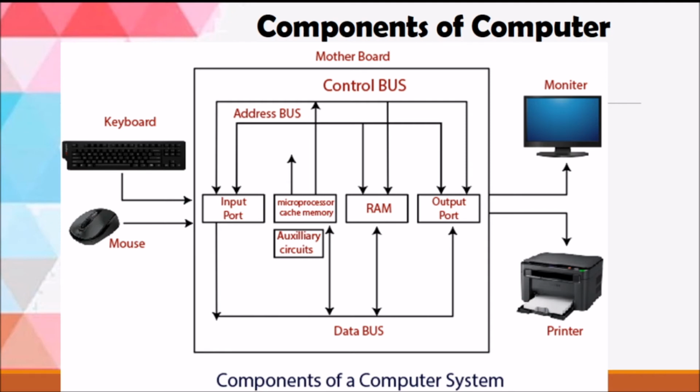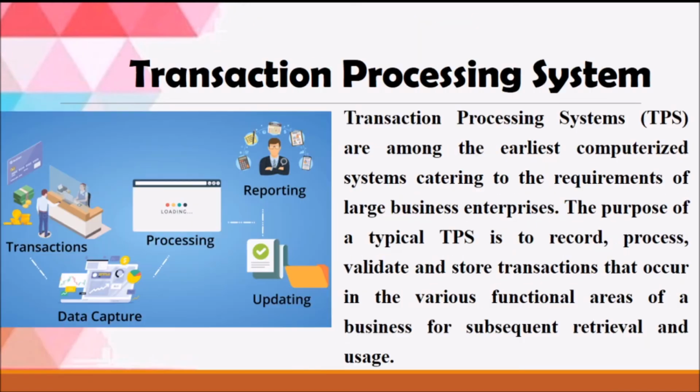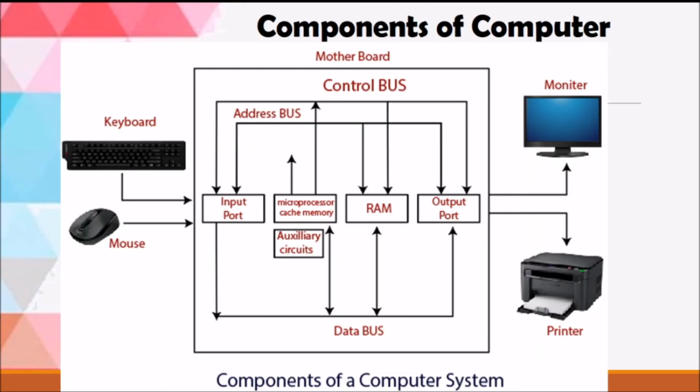So remember, all these things are components of a computer system. I hope you have visualized the entire parts of the computer. So remember the components of a computer system.